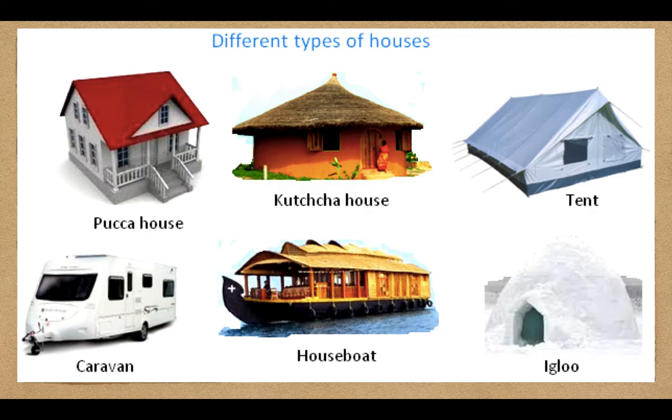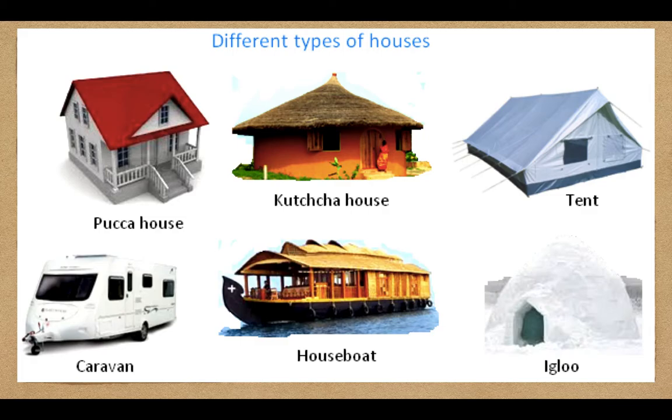Now in a houseboat primarily living beings are there, and in Kerala, Goa, Dal Lake, we have these houseboats. We can enjoy there, right? It is a house which is floating on the water. Okay, so it's a houseboat.